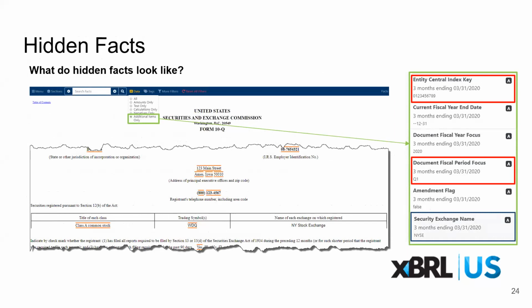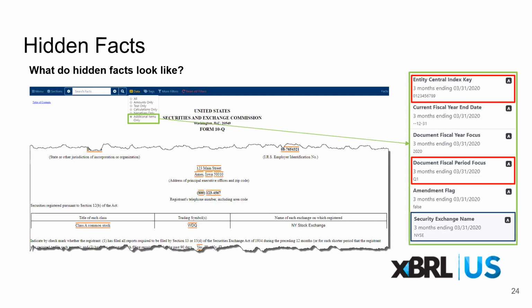If you choose the option additional items only, the right-hand panel displays all the XBRL facts that are not displayed directly on your document.